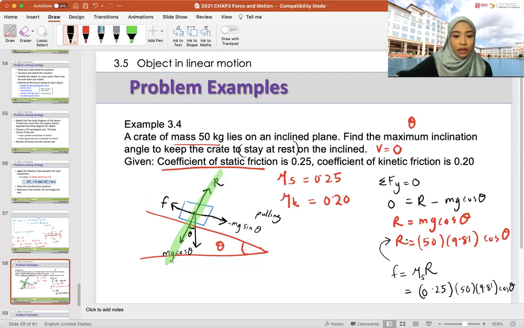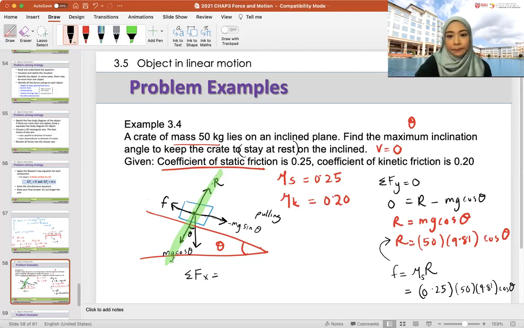Now we look at our F net in the x-axis. Adakah kita bergerak? Adakah my net force in the x equal to 0 or not? What's your guess here? Cuba tengok soalan. So Feli is saying the F net in the x is equal to 0.